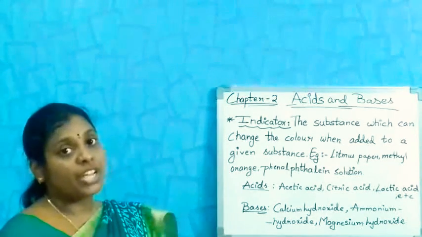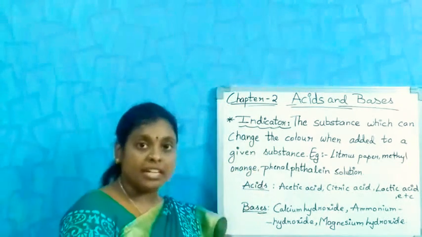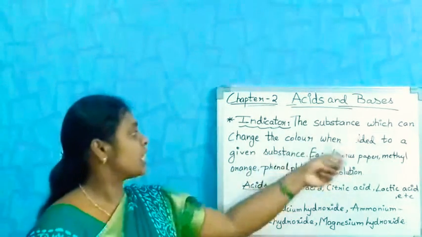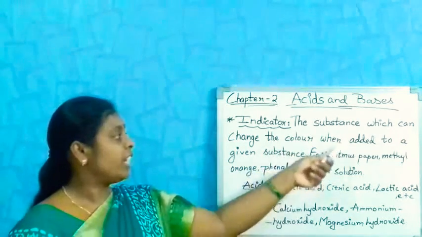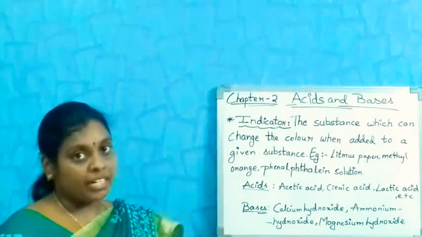So if there is a change in color when one substance is added to another, we can say it is an indicator. The substance which can change the color when added to a given substance is called an indicator.